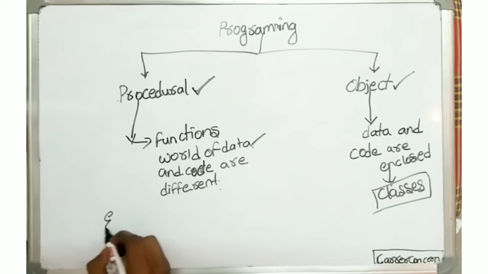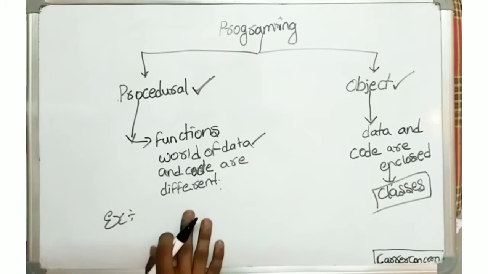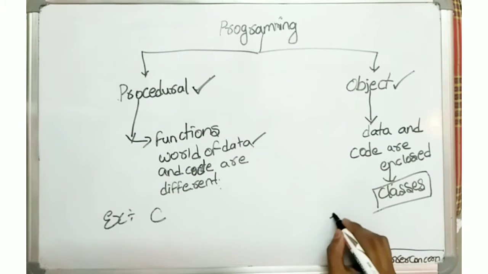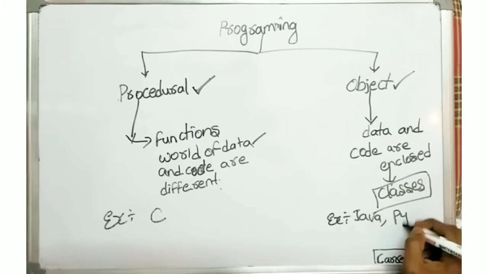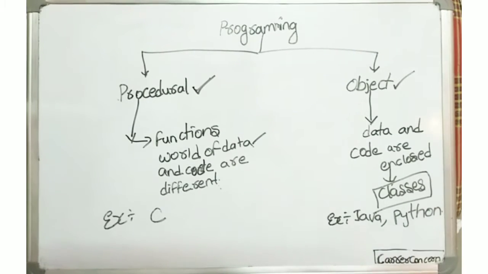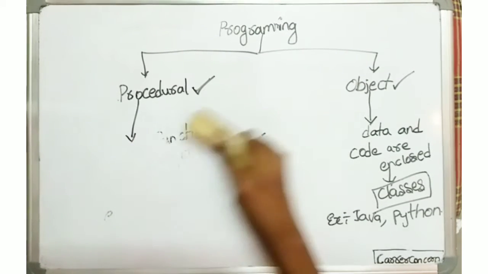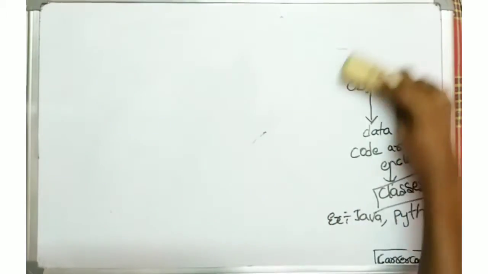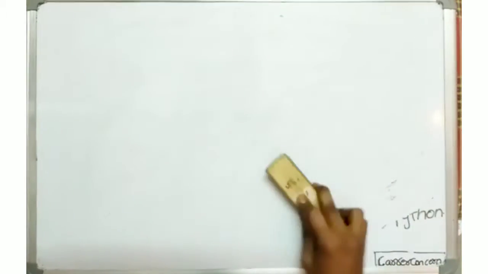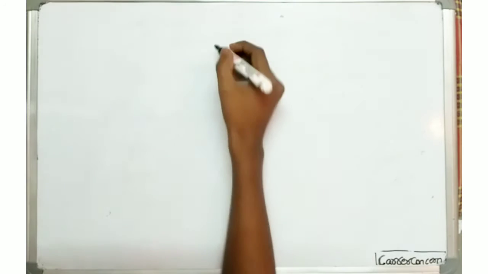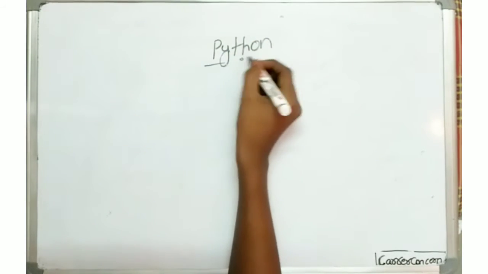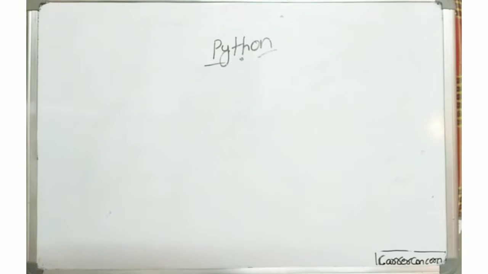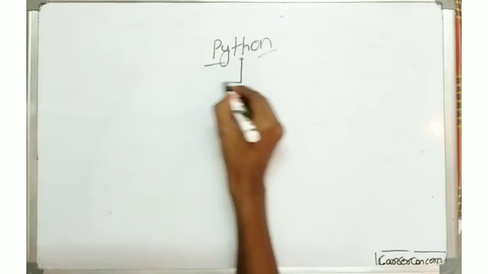An example of a procedure-oriented language is C. Examples of object-oriented languages are Java and Python. That's a brief introduction to programming and its types. Coming to Python, our main aim: is it object-oriented or procedure-oriented?